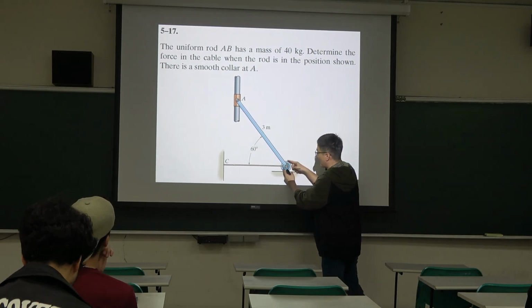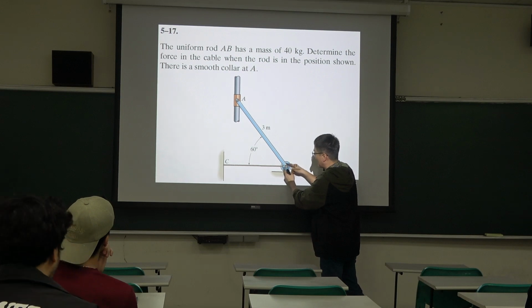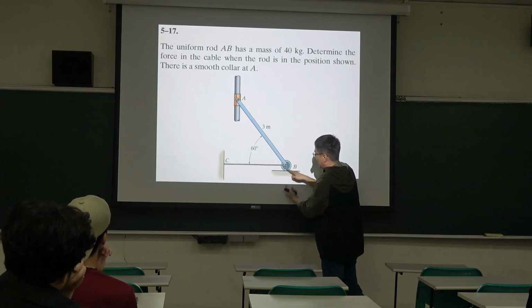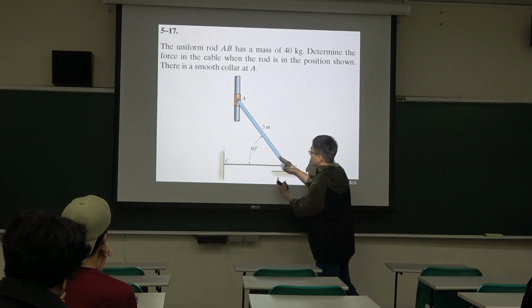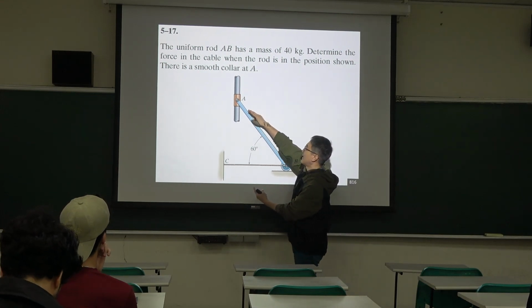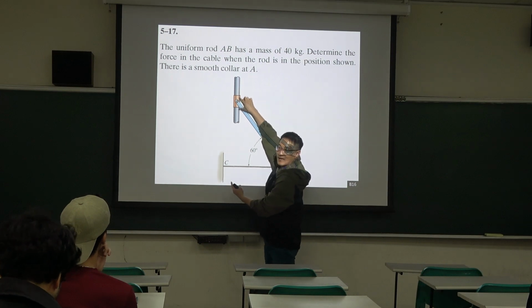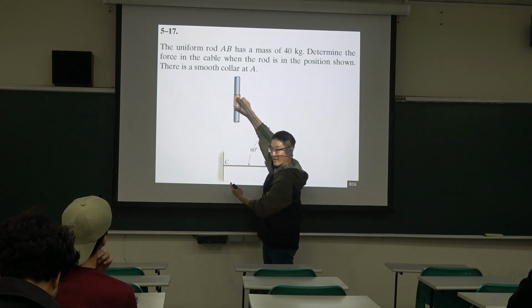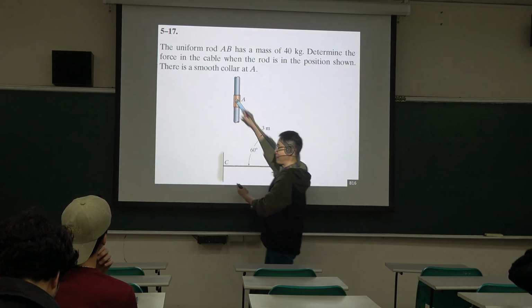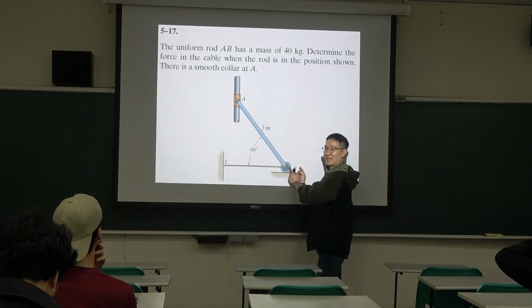And here will provide vertical and horizontal force. Okay, so it will link to here. However, this part is smooth. Theoretically, it can move up and down, but supported by here.